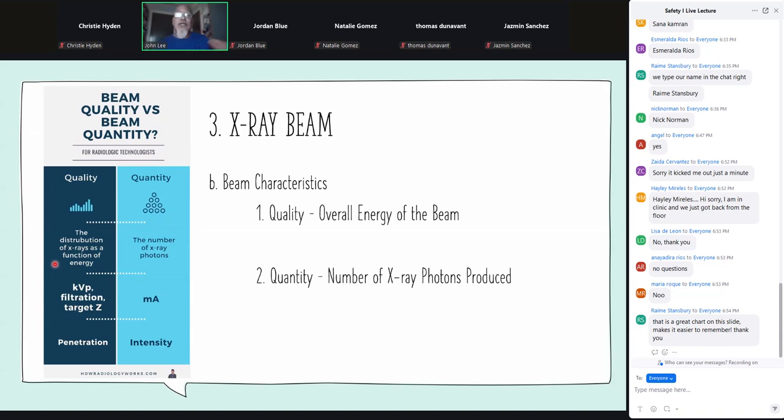With our quantity, we're dealing with the number of X-ray photons in that beam during the exposure, which goes directly back to the number of electrons that we freed for our exposure during thermionic emission. So it's controlled by, directly affected by the mA.